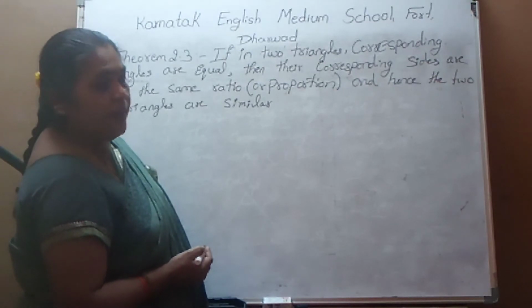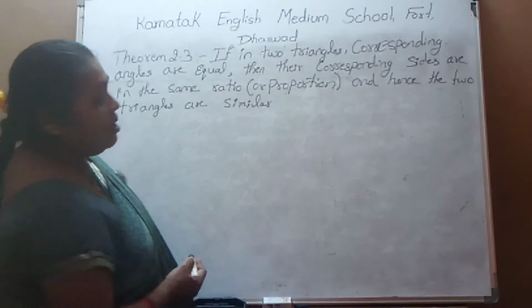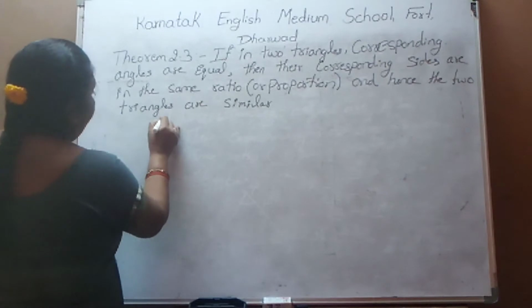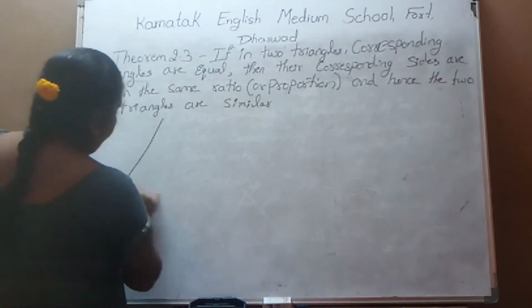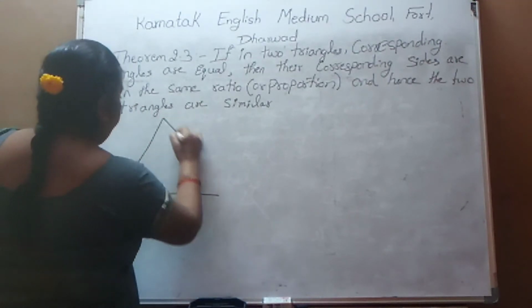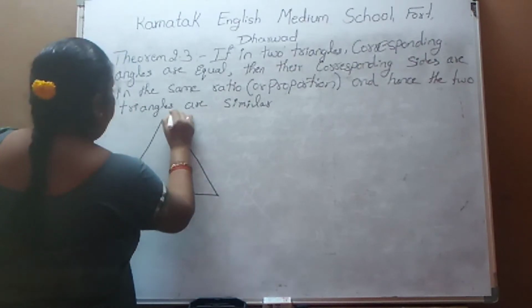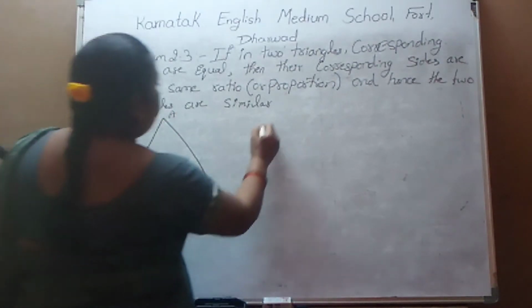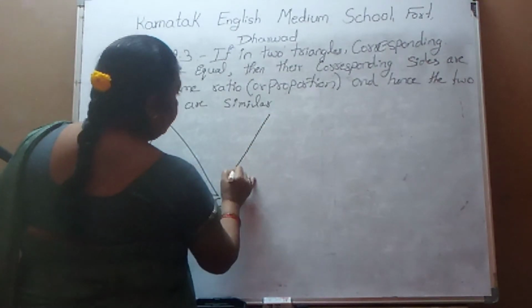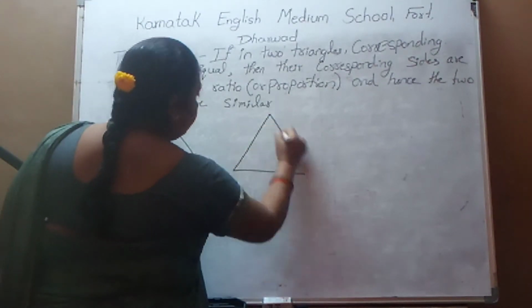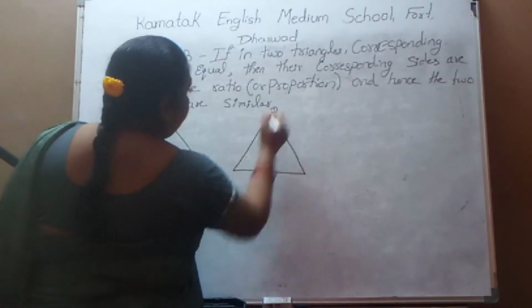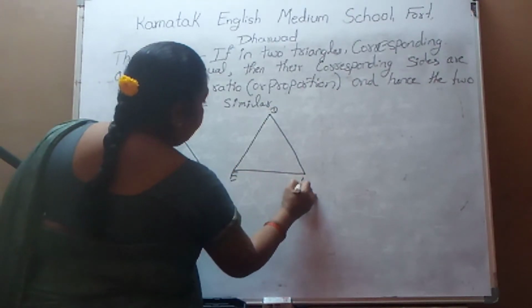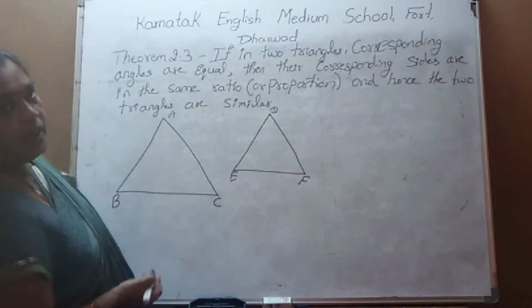So, observe the figure here. ABC, one triangle. DEF, another triangle.